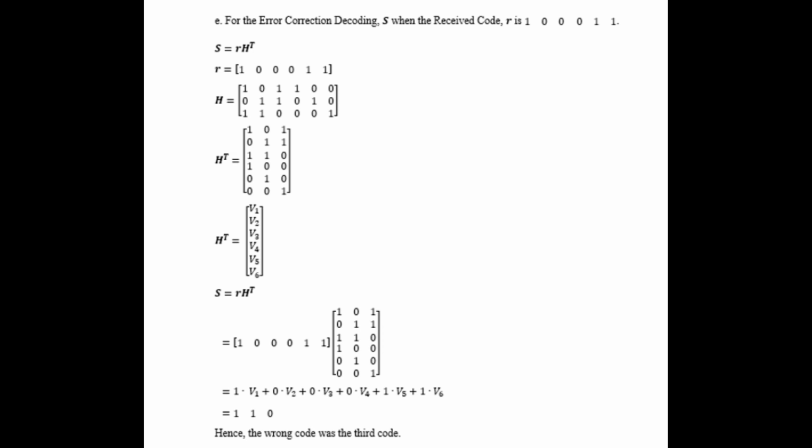When 1, 0, 1 is added with 0, 1, 0 and 0, 0, 1, the output becomes 1, 1, 0. The output is then compared with H transpose to identify the error. Hence, the wrong code bit was the third one, since the rows are identical.